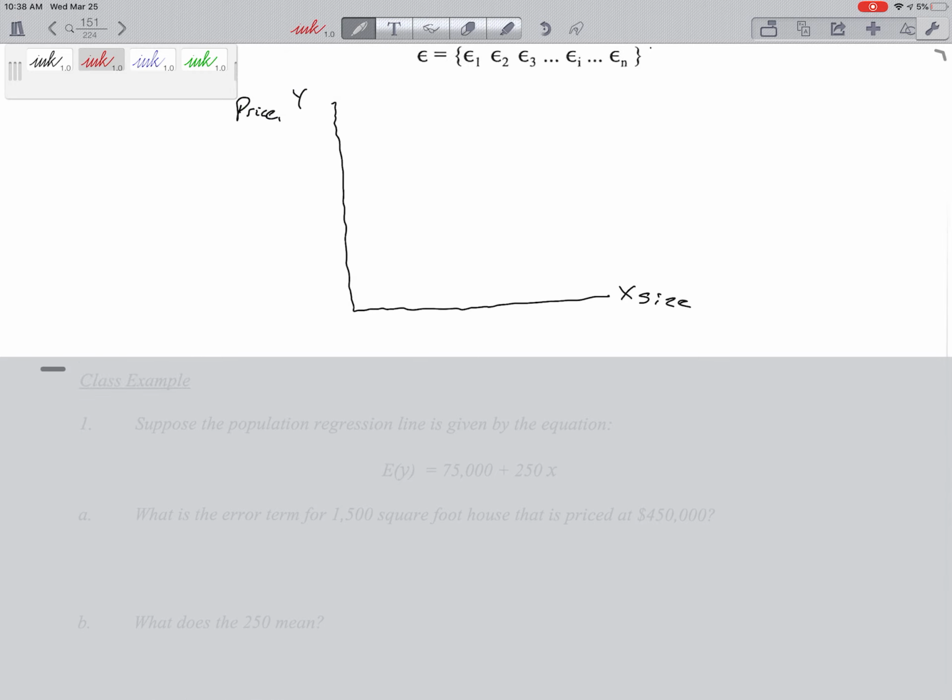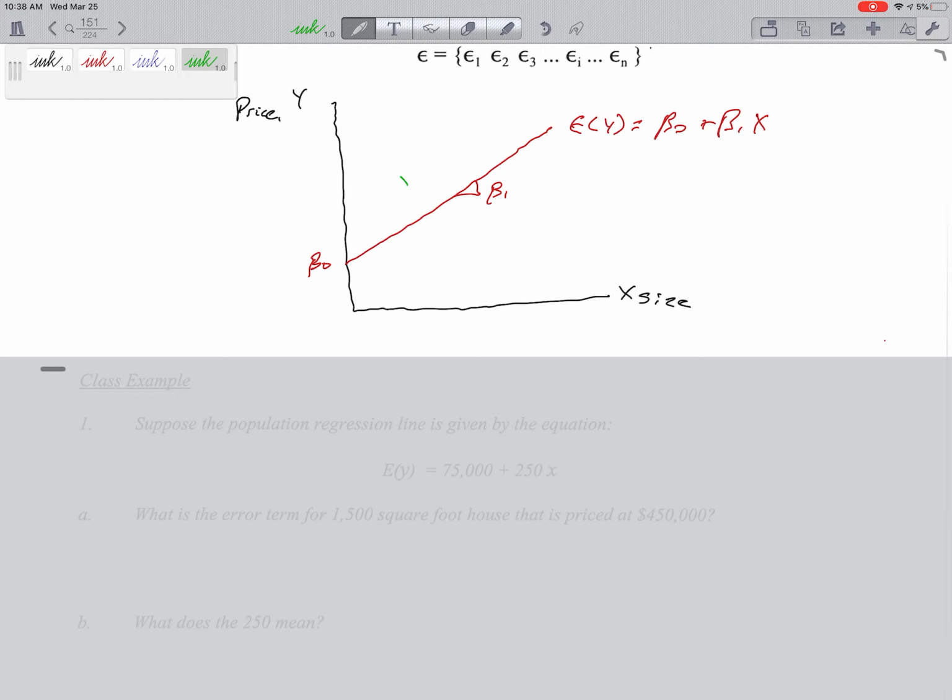And that would have an intercept, and that would have a slope. And that would be the expected y values is equal to an intercept, b naught, plus beta 1, the slope, times the x values.